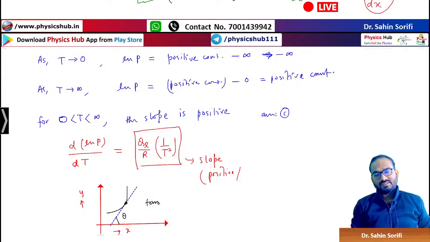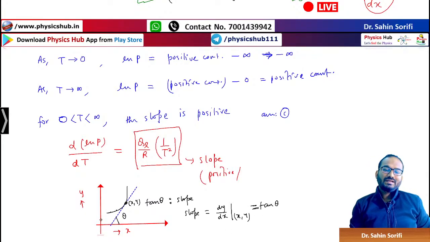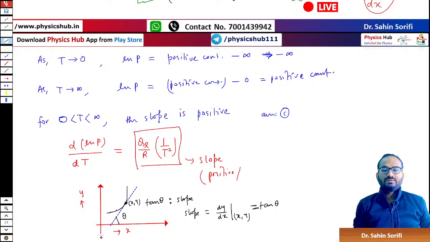Then tan theta is the slope. Let's say this point is x, y. You see at each and every point the slope will be different. The slope is dy by dx at x, y, and this is represented by tan theta. Now if you consider a straight line, there will be only one slope.